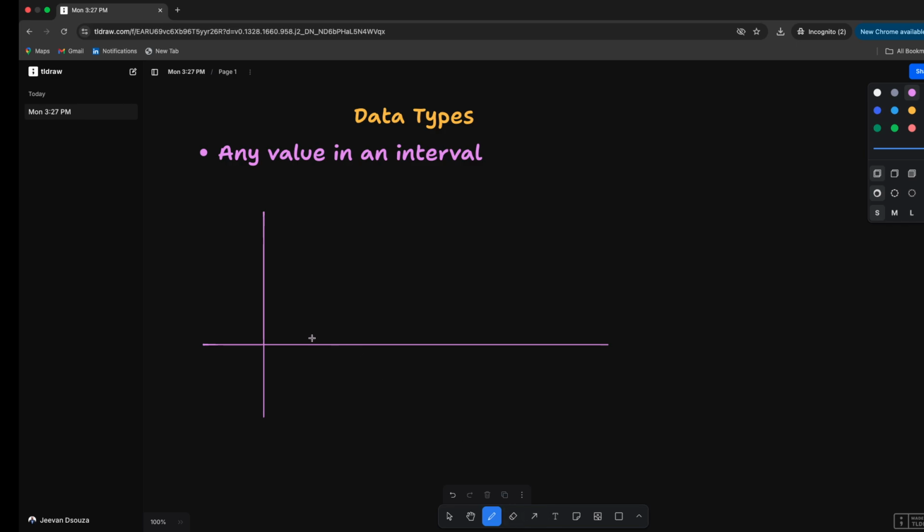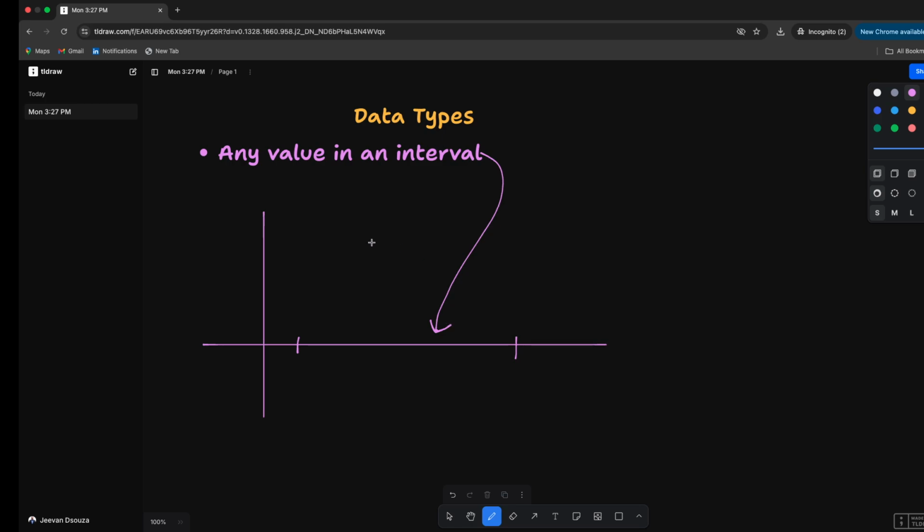Let's consider a range from here. So let's have one marking here and one marking here. Between this range, there are infinite number of values. So continuous values are those which can take any values between a given data range.